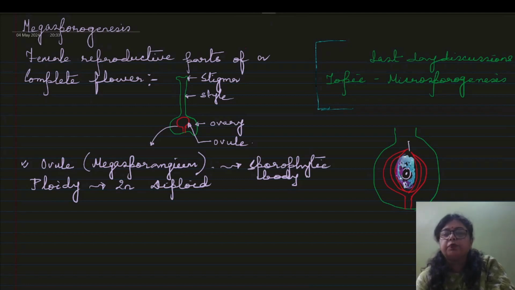First, this small opening, this hole. You remember that this is the ovary, and this whole diagram is of the ovule. So this small opening is called the micropyle.